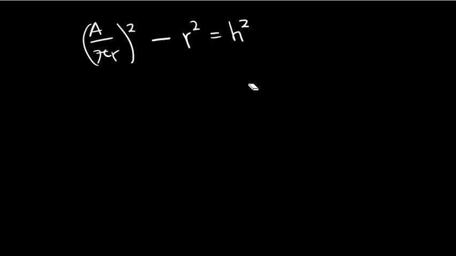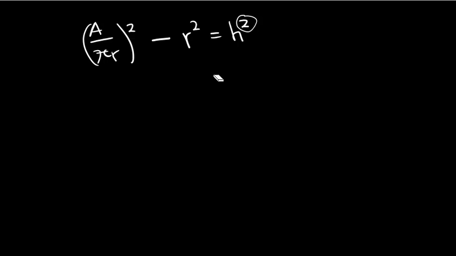We want to make h the subject, but the h this time around is squared. We want just h. Then it means that we have to get rid of this exponent 2 that we are having here. So if you want to get rid of that, what do we do? Now the h is squared, so you square root that. If you want to square root that, then you have to square root both sides.